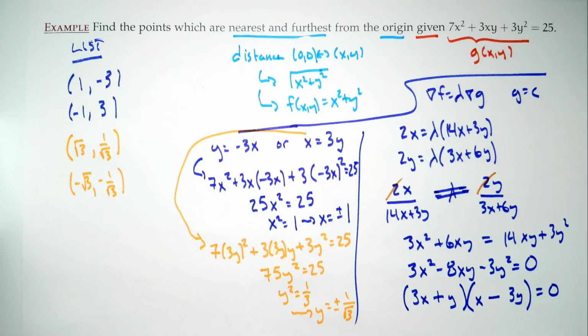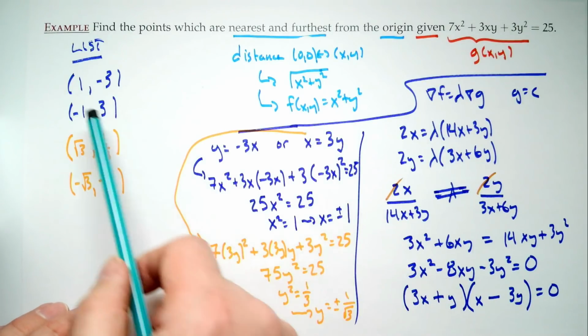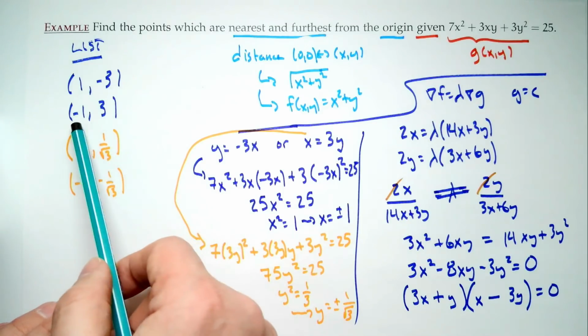Okay, well what does that say? Well, we're at the point where we set up our system of equations. We solved for all possible answers. We got 4 points. Now the question is, which ones are nearest and furthest? Well, if you run through the process here, really we just have to say x squared plus y squared. You get 1 plus 9, which is 10, and 1 plus 9, which is 10.